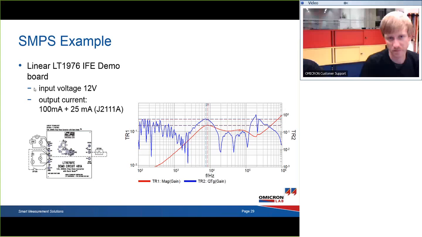So the relationship between impedance and stability is fixed because we know that the closed loop performance is equal to the open loop performance divided by 1 plus T, where T is the transfer function or the control loop gain. And so there is always a direct relationship between stability, open loop performance, and closed loop performance. So independent of whether or not the regulator is in a pulse skip mode, we can still get a measure of average stability.